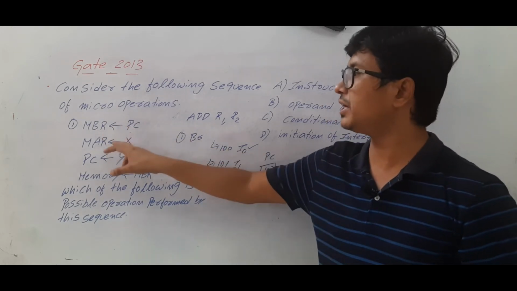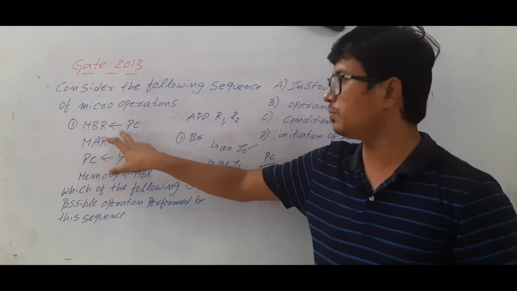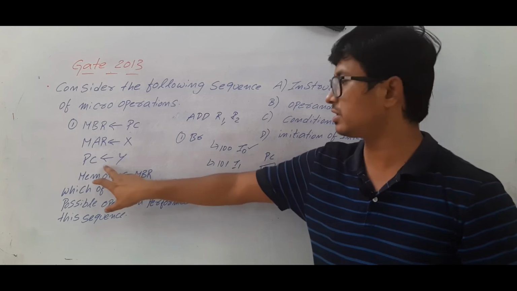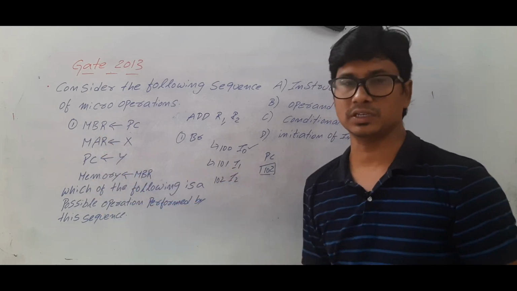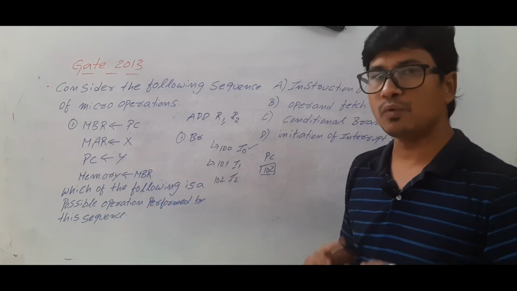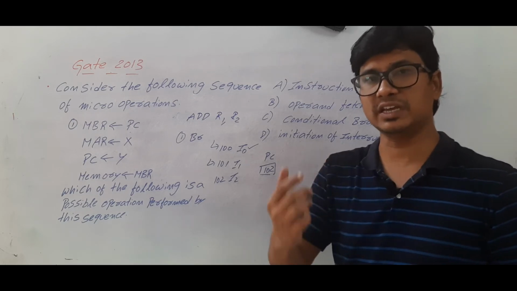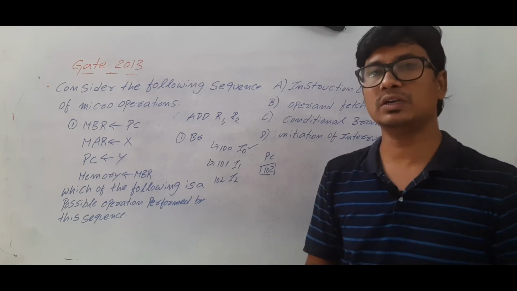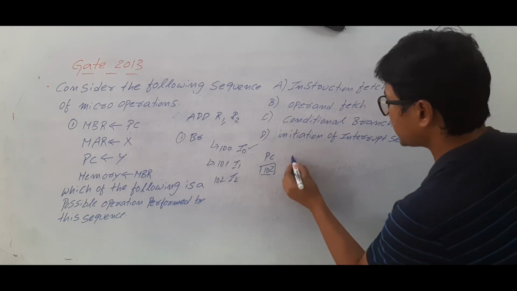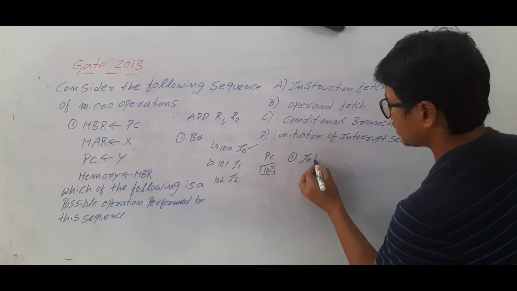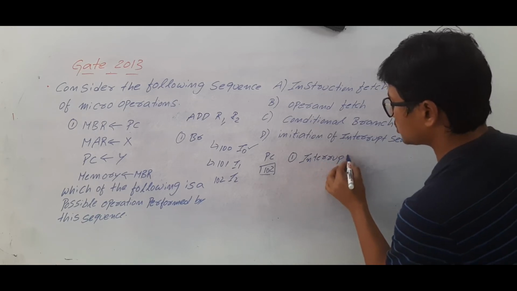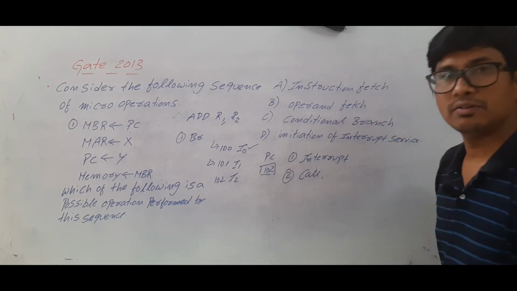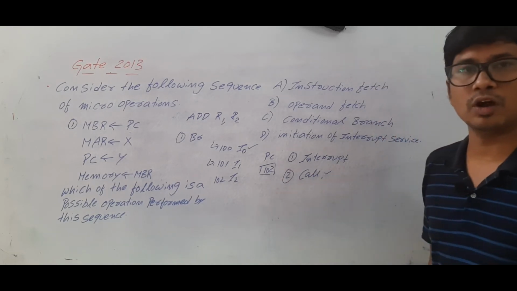What is happening here is you are keeping the program counter value in the memory buffer register, and then the memory buffer register is storing it in some memory location. Am I right or wrong? So when is this possible? If it is a conditional branch instruction, or when an interrupt occurs, or if you are calling a function or a subroutine.